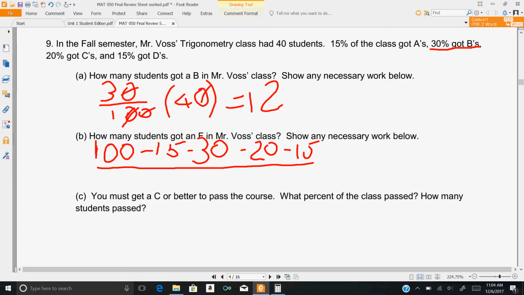But I can do 100 minus 15 minus 15 minus 30. The two 15s will give me 30. Then I have two 30s that makes 60. And 60 and 20 is 80. That tells me 20% got Fs. And I should say this whole thing is divided by 100. Okay. So now I have 20 divided by 100.